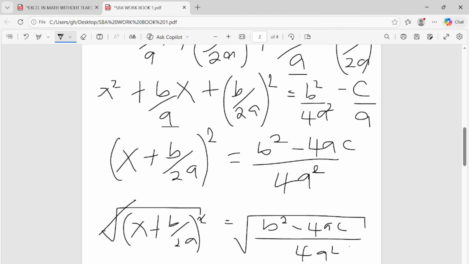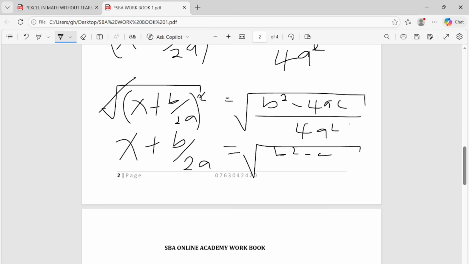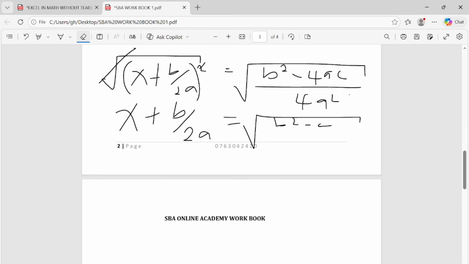So you come up with x plus b over 2a equaling the square root of b squared minus 4ac, divided by 4a squared. So you come up with that nice expression.